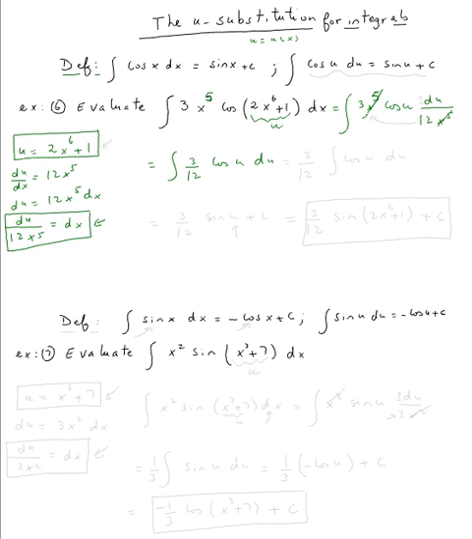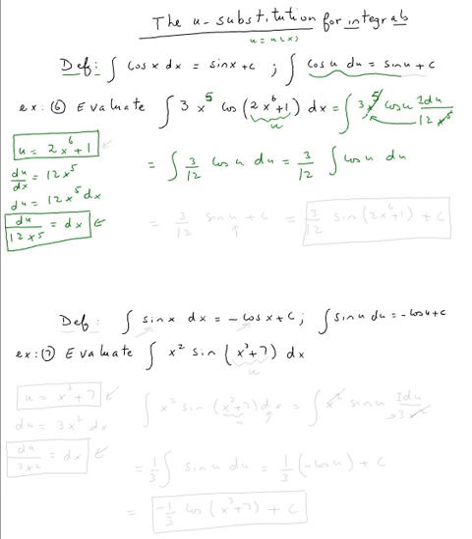All I need to do is just move the 12 here, it's fine, because this is the same thing as 1 over 12. Now we know that I can always take a constant outside, so this is going to be equal to 3 over 12 integral of cosine of u du.